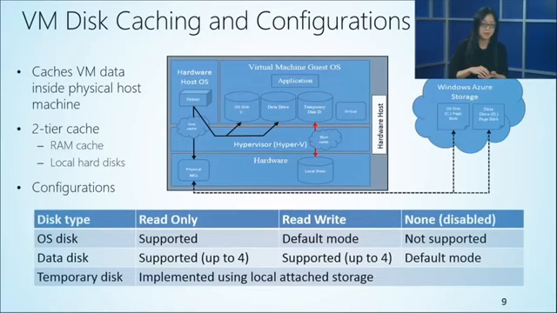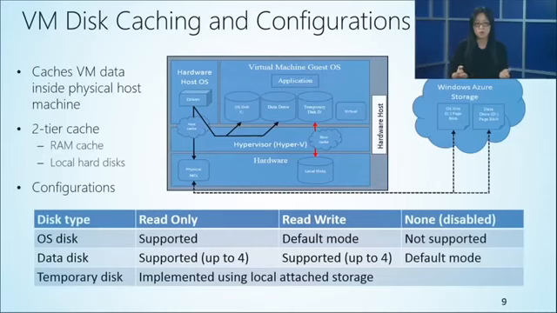But you have to be aware that the RAM cache, of course, caches your most recently used data. The local hard disk cache, on the other hand, although it's local, meaning that it has lower latency, does have a limited IOPS because it is basically hard disks striped across multiple disks.